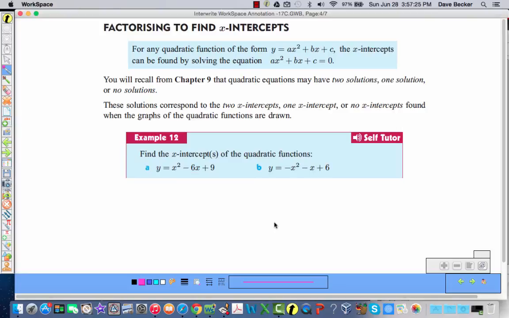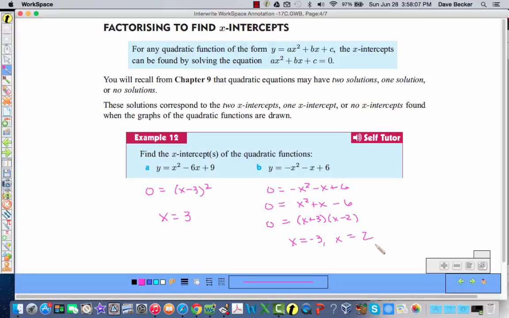Sometimes we'll have to factorize to find the x-intercepts. We let y equal 0, so x squared minus 6x plus 9 is going to be (x minus 3) squared, so my x-intercept here is going to be 3. And here we have 0 equals -x squared minus x plus 6, or if I multiply through by -1, 0 equals x squared plus x minus 6, so this would be (x plus 3)(x minus 2), and we get the intercepts at x equals -3 and x equals 2.